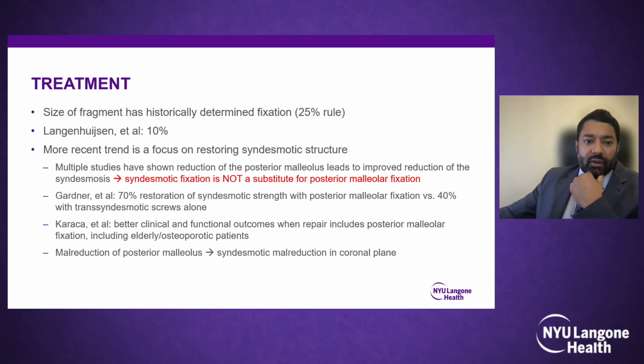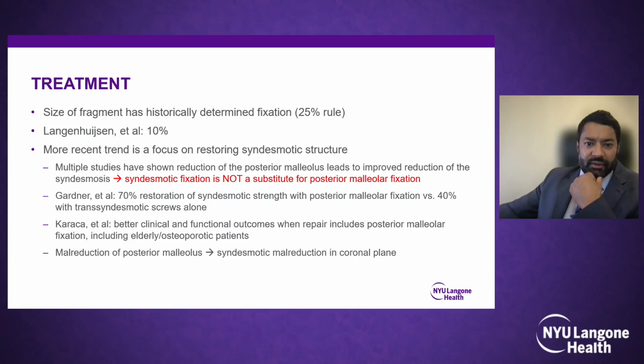But overall, the trend is focusing on restoration of the syndesmotic structure, not so much on the size of the fragment. So multiple studies have shown that fixation of the posterior malleolus improves reduction of the syndesmosis. And so fixation of the syndesmosis alone is not a substitute for fixing the posterior malleolus.